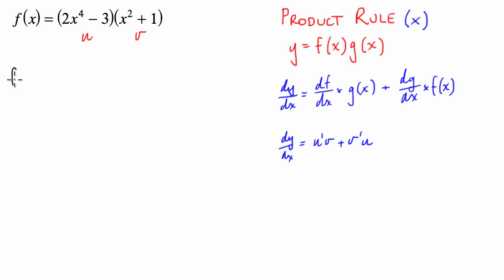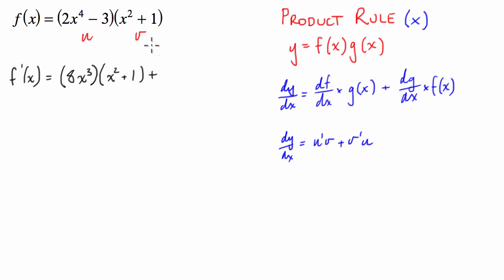So, we've got f prime of x will be equal to the derivative of u. Now, we'll take the 4 down, multiply by the 2, which is going to be 8x to the 3. The derivative of negative 3 is just 0, so it's just that. Multiplied by v, left constant, x squared plus 1.